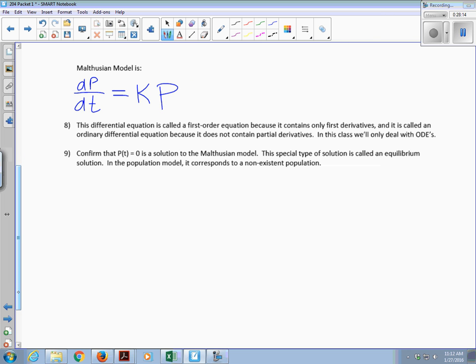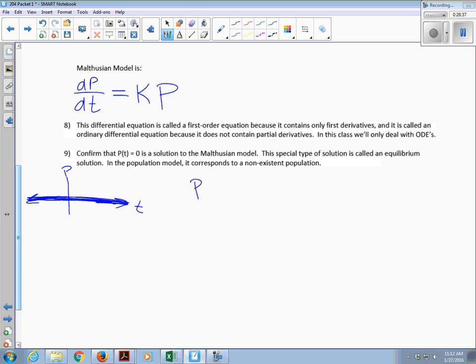All right, so let's confirm that P of t equals 0 is a solution. That's a function, right? The function that's 0. So the population is always 0. We want to show that that's a solution to the Malthusian model, which means just plug in, right?